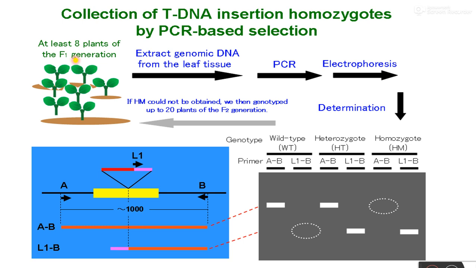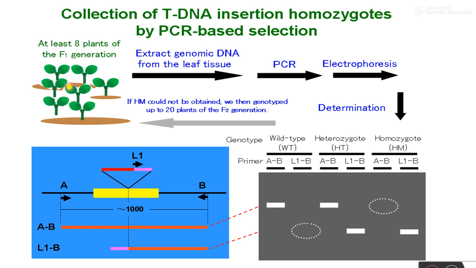And if you pay the fees for that Arabidopsis mutant line, then they will send you the seeds of that mutant line to your address. So after that, what will be your work? Your work will be to validate whether they have sent you the exact tDNA insertional mutant lines of your gene of interest or not.